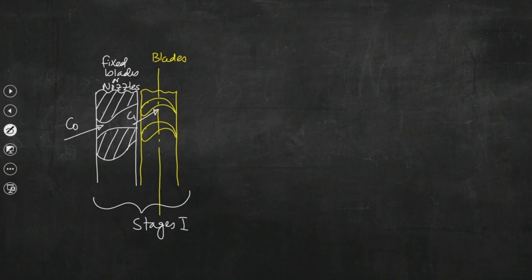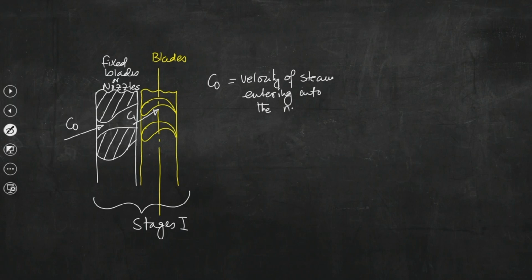So, that C1 is the exit velocity, C naught is the velocity of steam entering into the nozzle, C1 is the steam velocity at the nozzle exit.